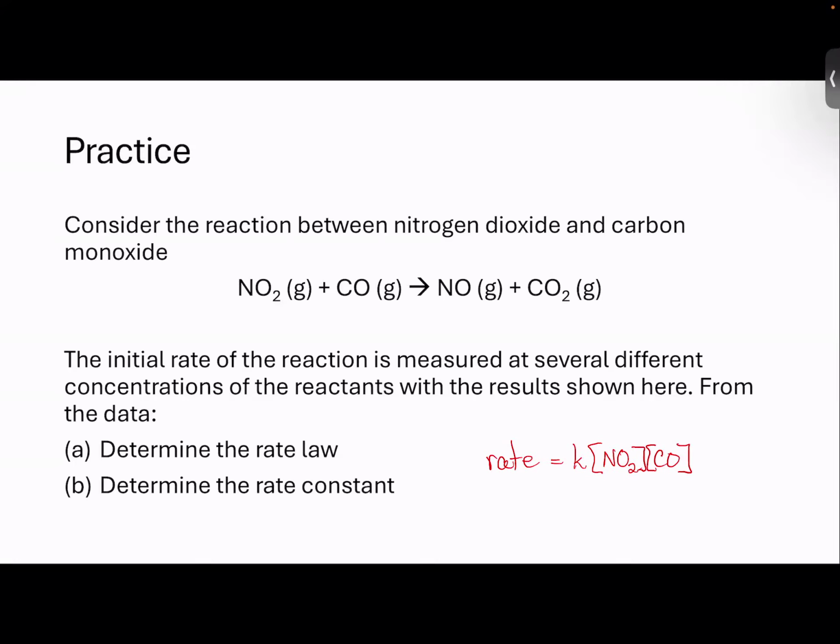Whoops, I forgot to raise those to a power. Again, I'm going to be using this generic rate law, and I'm going to be setting up a ratio between experiments.